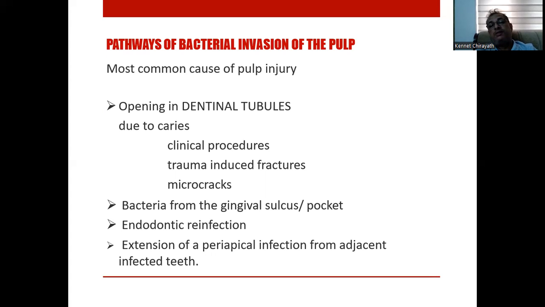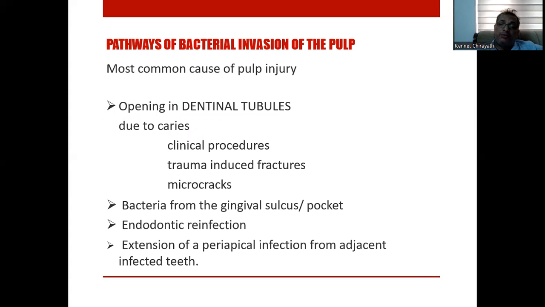Bacteria can also come from the gingival sulcus or periodontal pocket, from endodontic reinfection, and from extension of periapical infection from an adjacent infected tooth. So the main cause of entry of bacteria into the pulp is through the dentinal tubules, through caries.